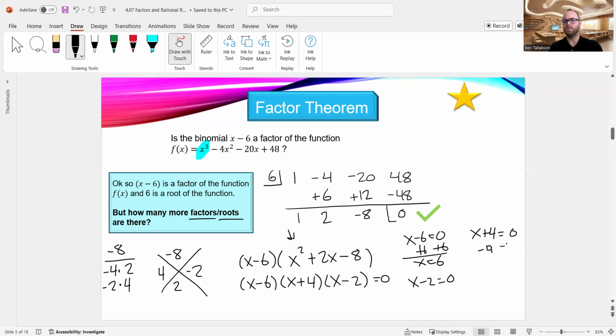We subtract, we get 4. And we add, we get 2. And just as a quick refresher, do we remember where these points will be on the graph? These are going to be your x-intercepts, aren't they? That's what your roots are.